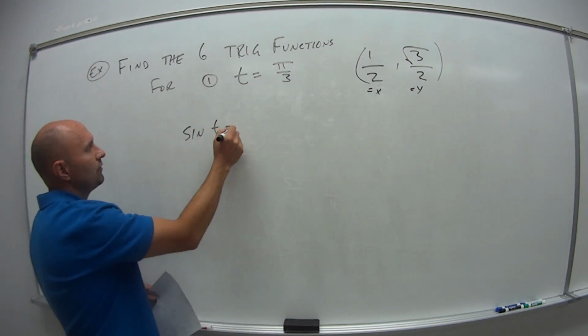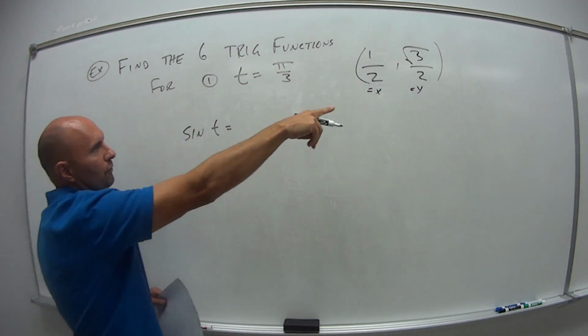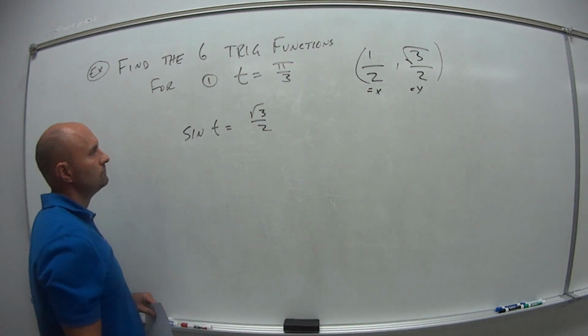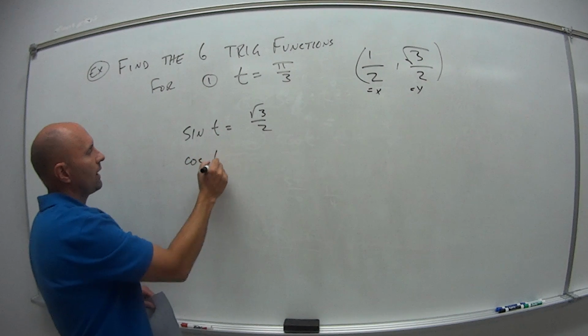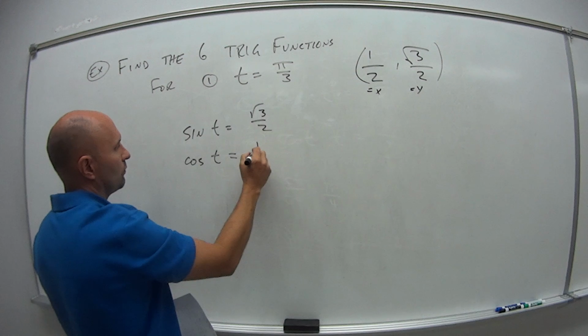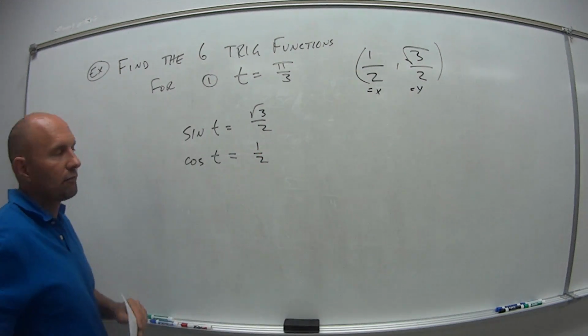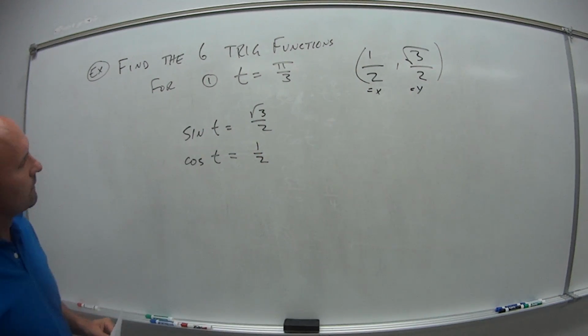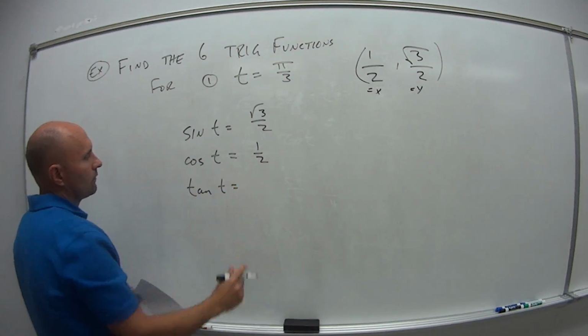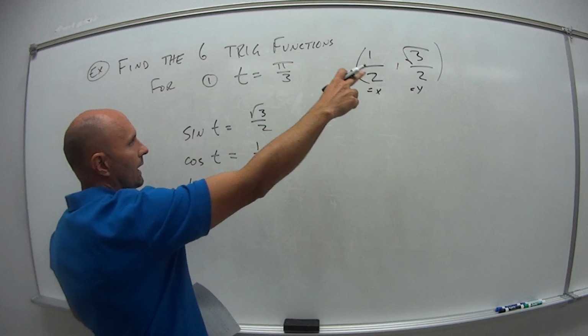So sine of t is just whatever my value for y is, square root of 3 over 2. Cosine of t, that's just whatever my value of x is, which is 1/2. Tangent of t is y over x.